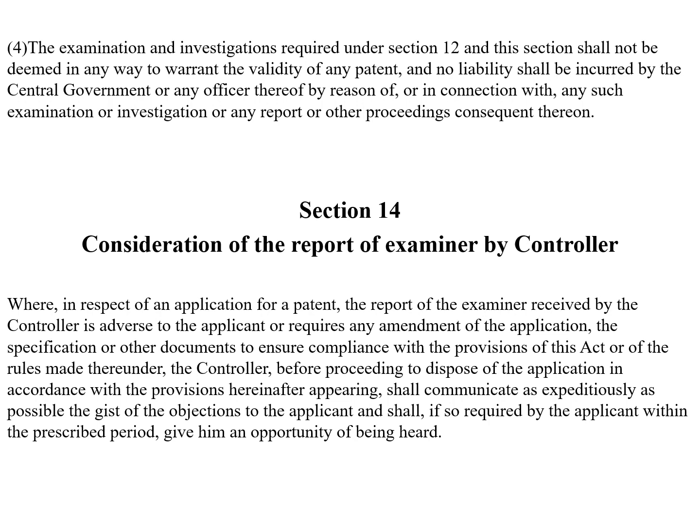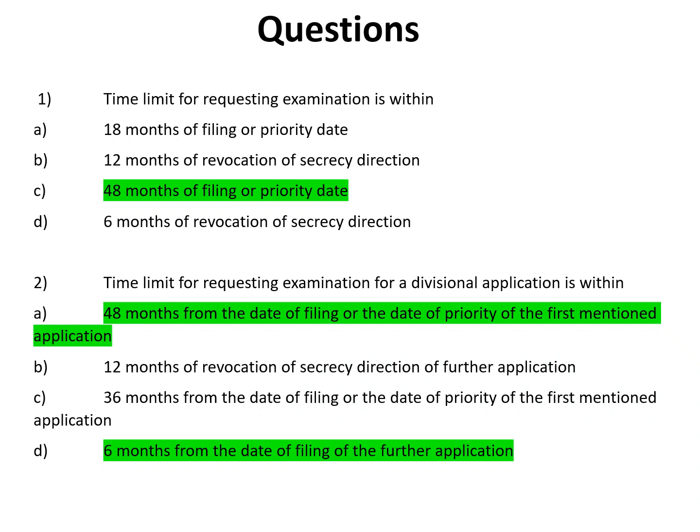He will initiate a hearing or issue an FER to the applicant before disposing of the application, and it will send the objections to the applicant within the prescribed period, and also give him the opportunity of being heard. Then I have put up a few questions from the previous year's question papers.